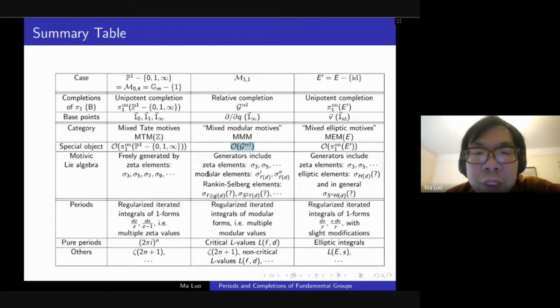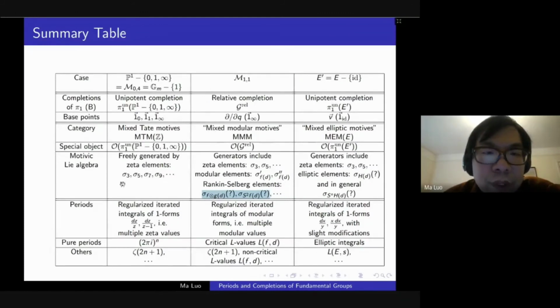And the next set of elements we would like to find would be these so-called Rankin-Selberg elements. To find these, just like in the mixed Tate case, the reason that we were able to find these extensions and compute all these is that we can write down the periods quite explicitly, and we can compute the motivic action quite explicitly by work of Goncharov and Ihara, and this is not available in the mixed modular case.